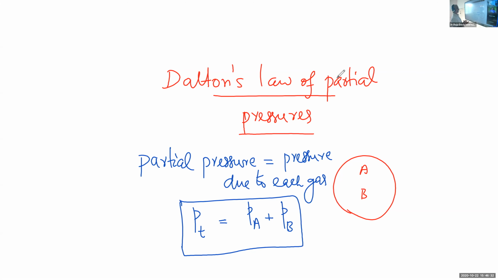If there are three gases, then PT is equal to PA plus PB plus PC, like that. The sum of the partial pressures is equal to the total pressure of the non-interacting gas mixture. Now we can apply this Dalton's law of partial pressures in the case of moist gases.